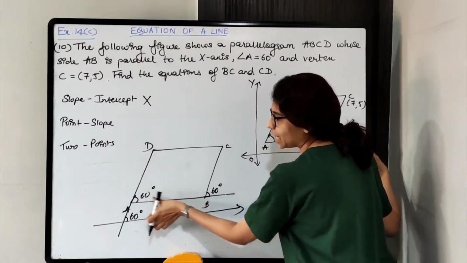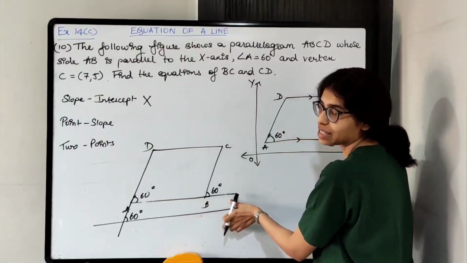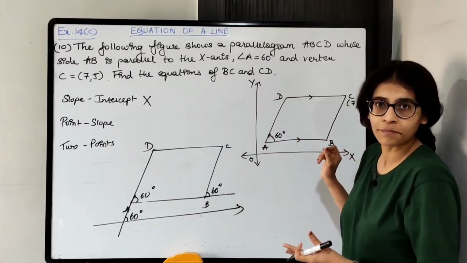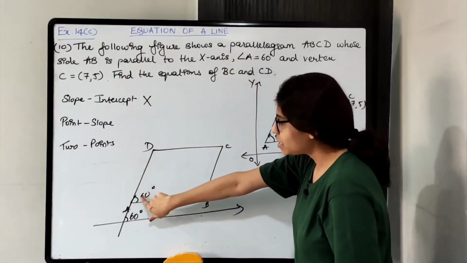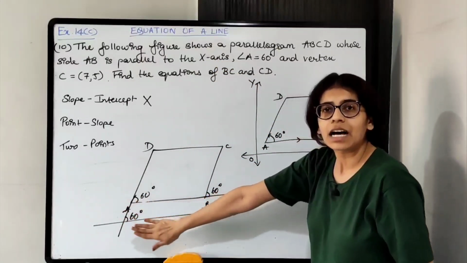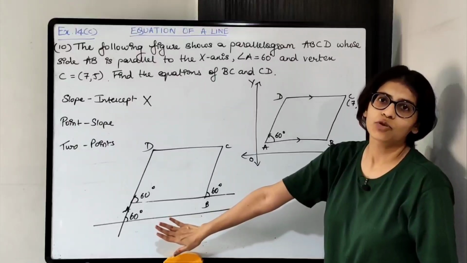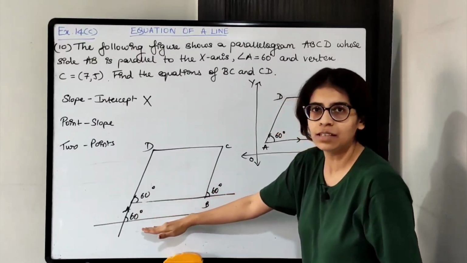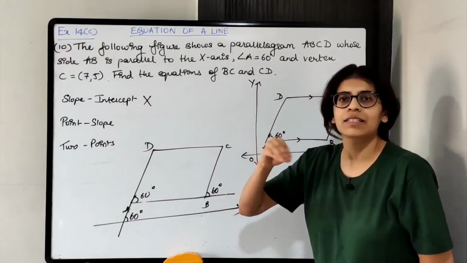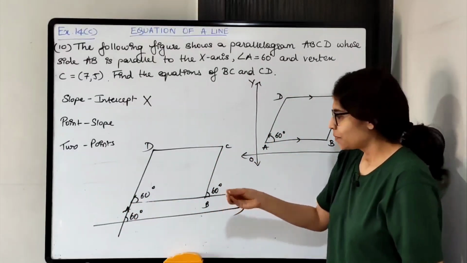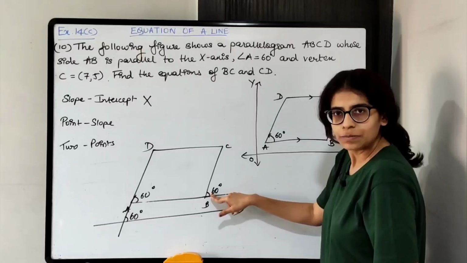These two lines are parallel. AB is parallel to the x-axis. So this is the biggest hint over here. Side AB is parallel to the x-axis. So if this is 60, it means it will make 60 degrees with the x-axis too. Whenever you're told that a line is parallel, the same angle given here will be the angle with the x-axis.